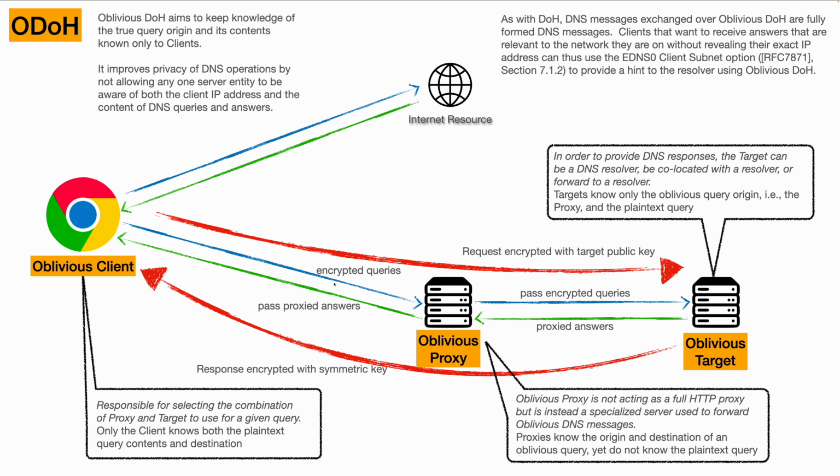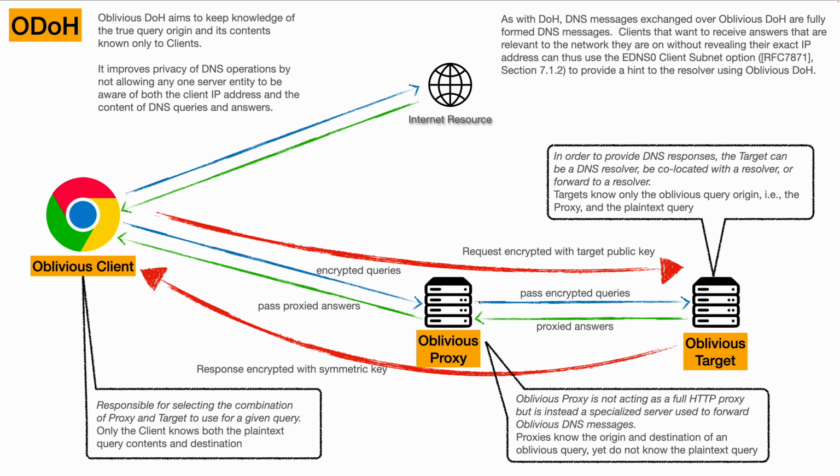To finish the Oblivious DoH access, there are three parties in total. We need the Oblivious client, your computer or your browser, and then in the middle there's a special server entity called the Oblivious proxy. In the end, there's the Oblivious target. The Oblivious proxy is like an HTTP proxy, but it's not a full-featured HTTP proxy.